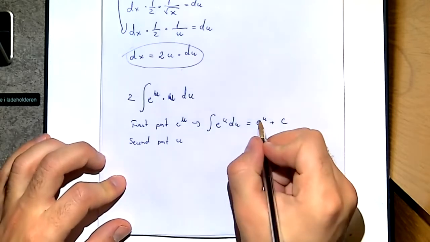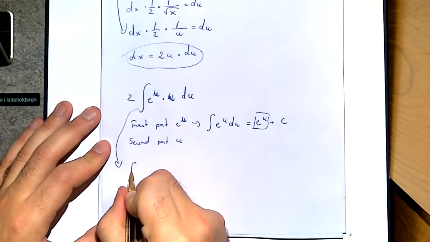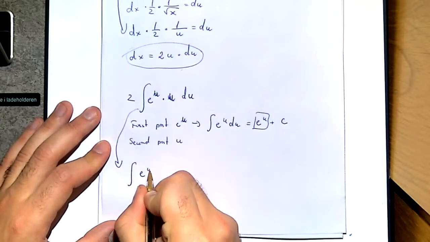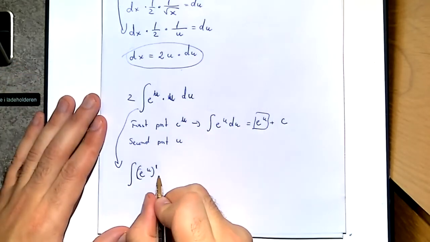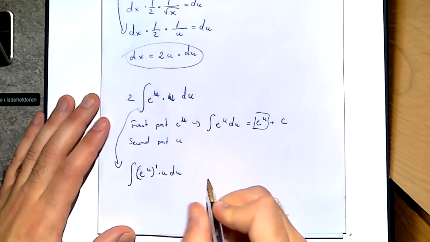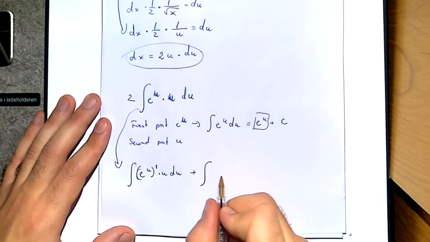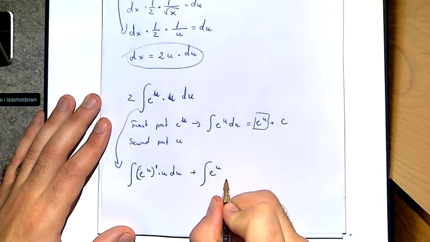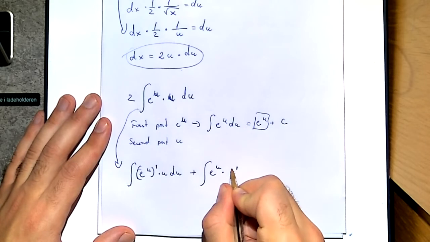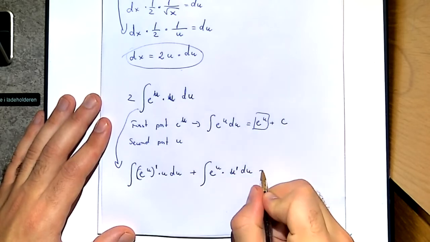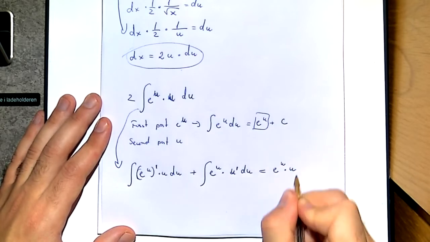I take this and write my integral as the integral of e^u prime, which exponential gives the same thing, multiplied by u du, plus I add the first part e^u multiplied by the derivative of the second, u prime du, which is just equal to both of them, no integrals, everything clean.